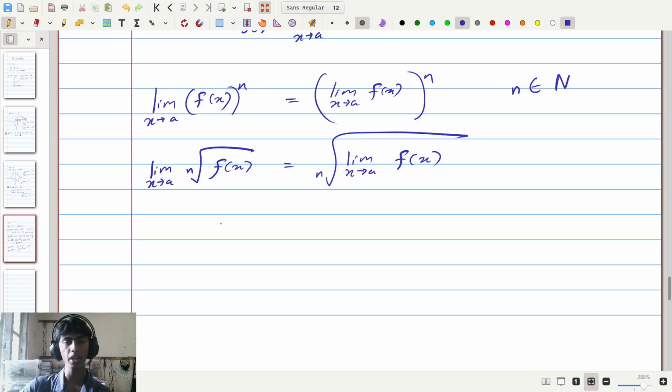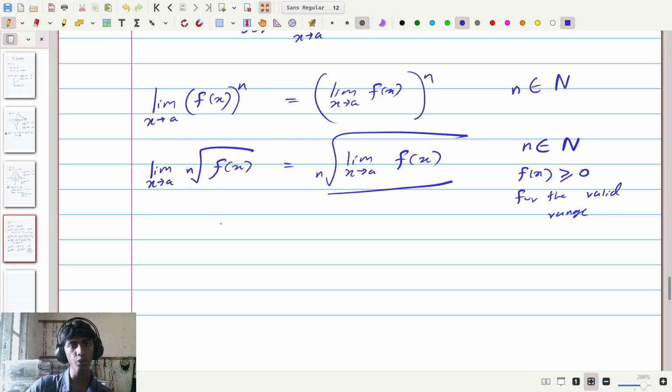Once again, due to various issues like divide by zeros and taking the square root of negative numbers, we need to impose restrictions saying that n needs to be a natural number, and another restriction saying that f of x is greater than or equal to 0 for the valid range. What we mean by this is that we don't want to be taking any square roots of negative numbers within the ranges we're considering for the limit. Other than that, we are alright.